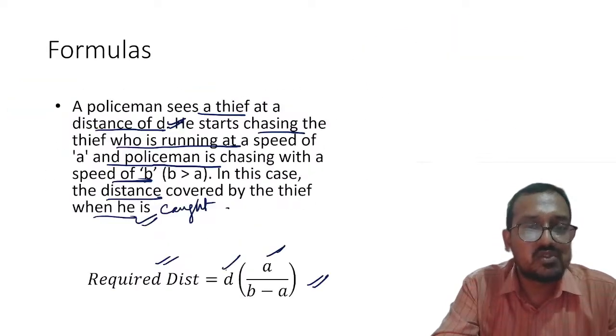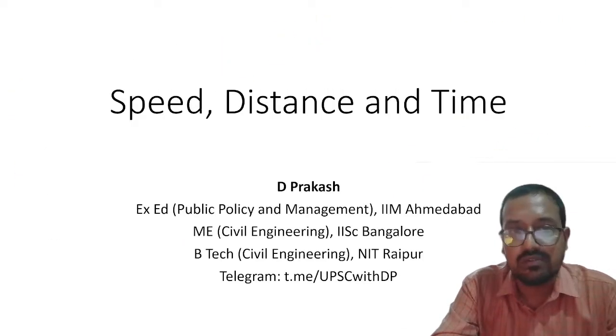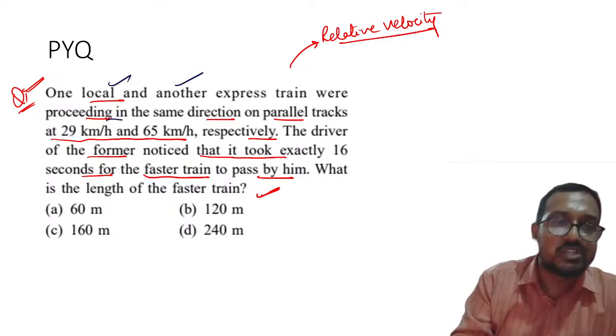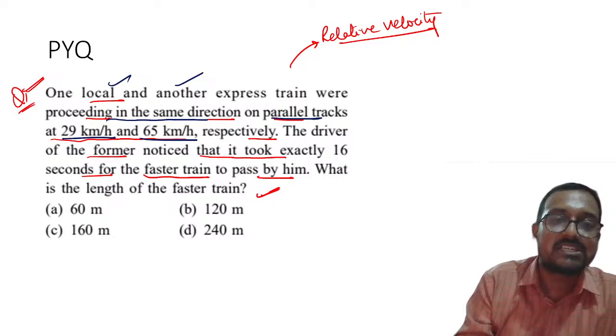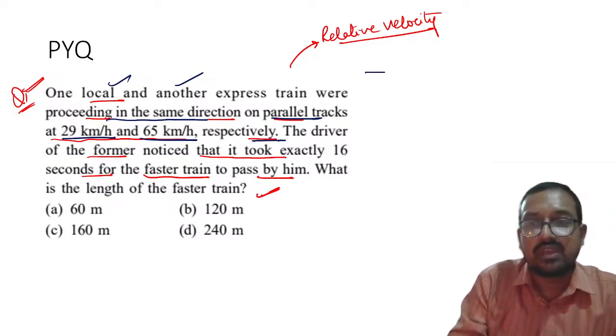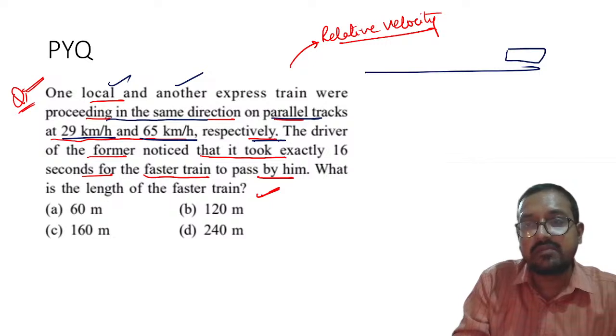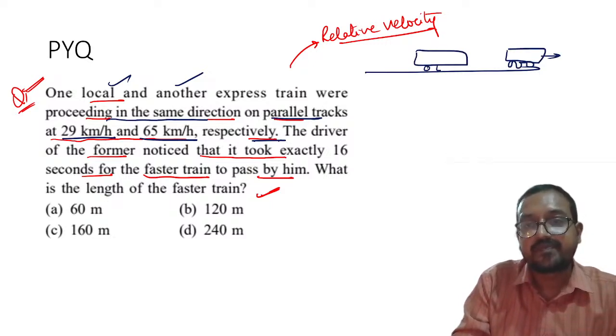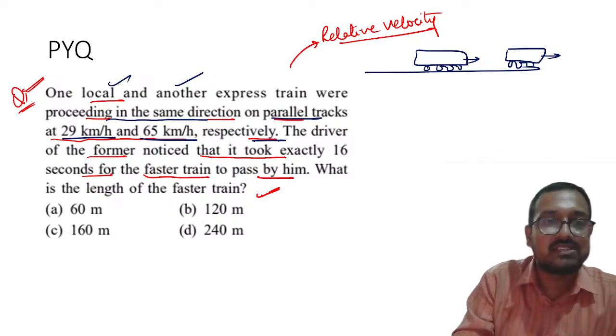Okay. Now my dear students, let us go back and try to solve the questions. One local and another express train were proceeding in the same direction on parallel tracks at 29 kmph and 65 kmph respectively. So what should we do? Since both of them are moving in the same direction, it's just that one is local and the other is express.